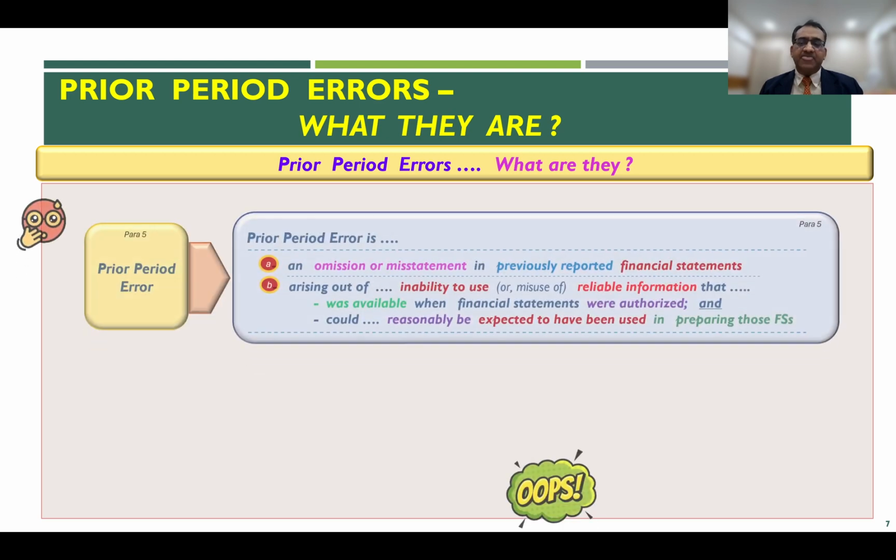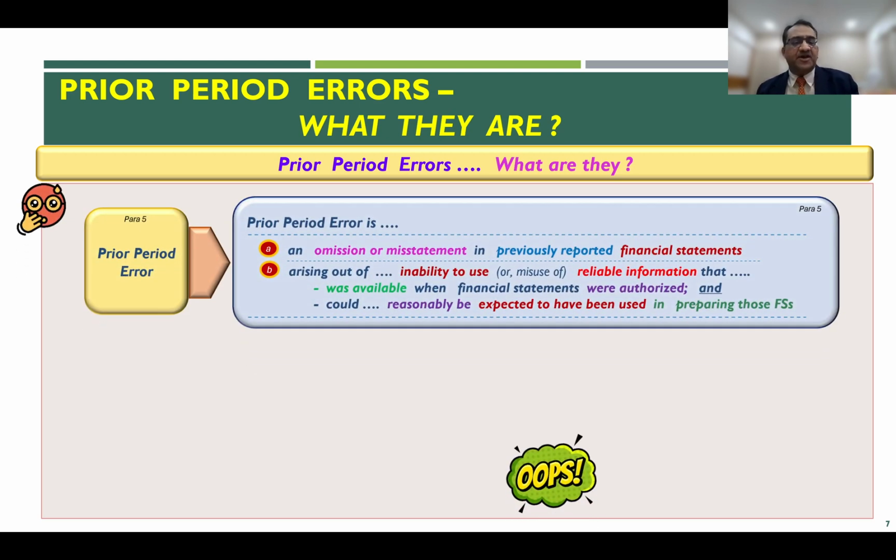So what are they? If you look at paragraph 5 of both IAS 8 from an IFRS perspective and Ind AS 8, paragraph 5 says that a prior period error is either an omission or a misstatement in the previously reported financial statements.